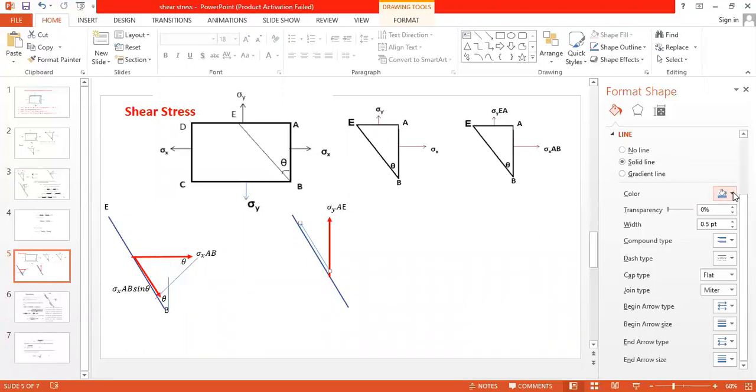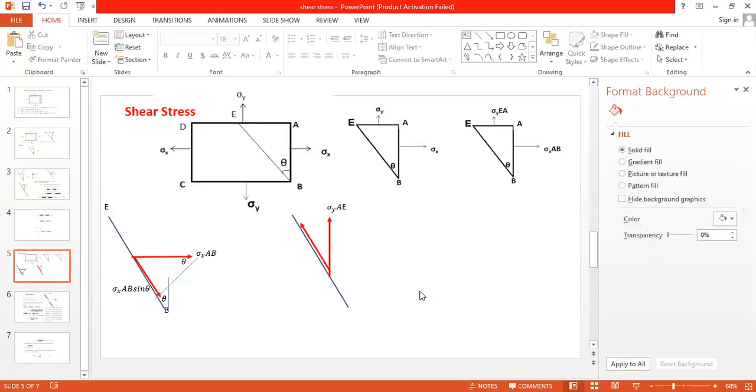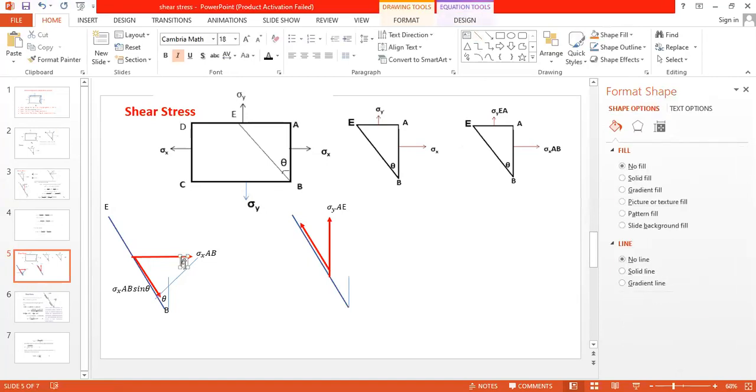It is making an angle theta with the vertical. Here this angle is theta, which means this angle is also theta.